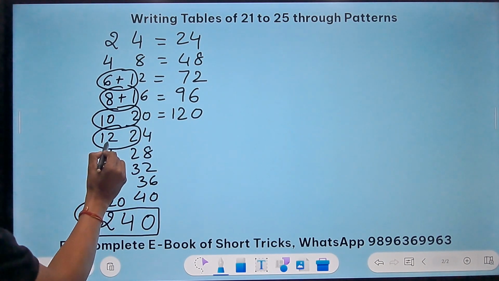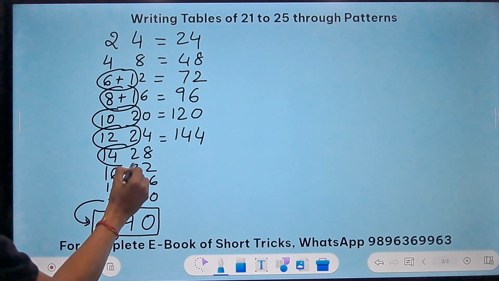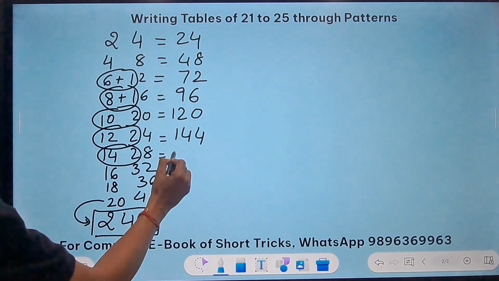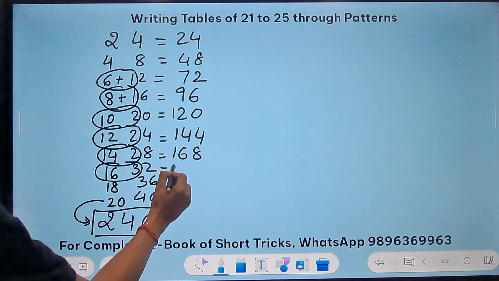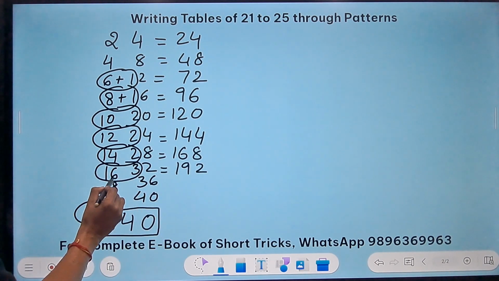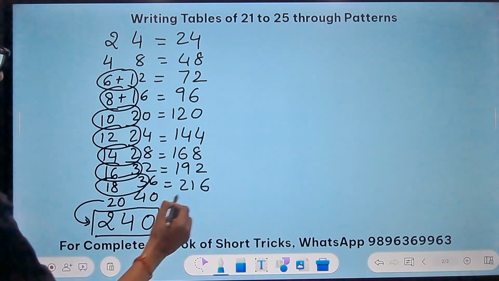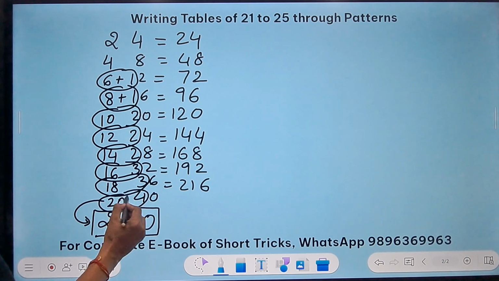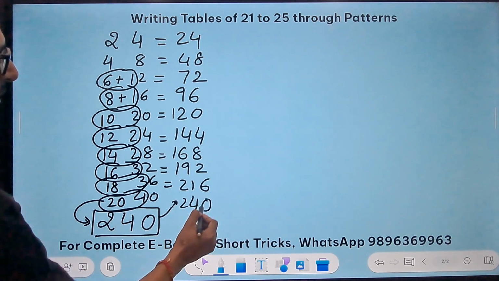Add these two, you get 12 plus 2, 14 and a 4. Add these two, 14 plus 2, 16 and a 8. 16 plus 3, 19 and a 2. 18 plus 3, 21 and a 6. And 20 plus 4 is 24 and a 0, 240. That will come in the last.